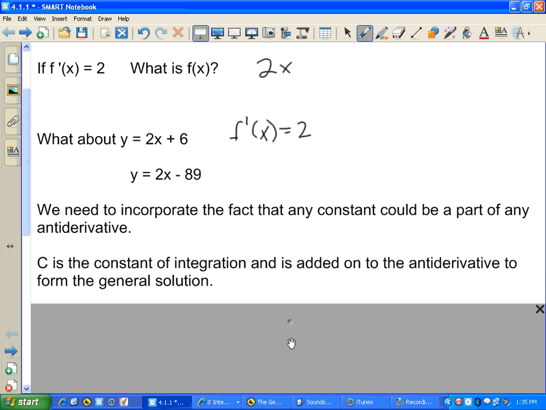So we use c, capital letter C. That's our constant of integration, and it's always added on to the antiderivative to form the general solution. So when we take an antiderivative and put this big plus c on it, we're getting a general solution, and if we want a particular solution, we're going to have some kind of initial starting point, or at least one point on our original function that we want to cross through.